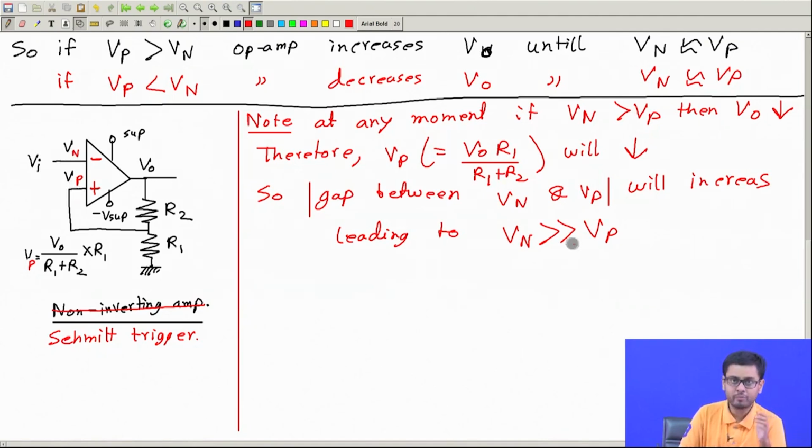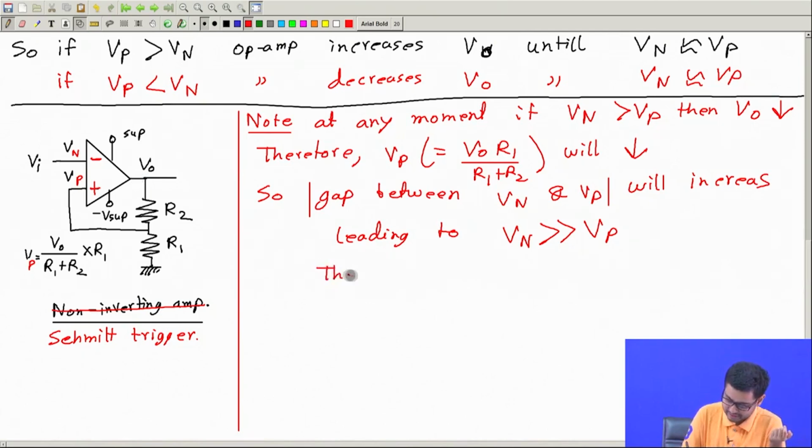Therefore, Vn will become more and more larger compared to Vp, right? So this gap increases, and if this gap increases, then output will decrease further.